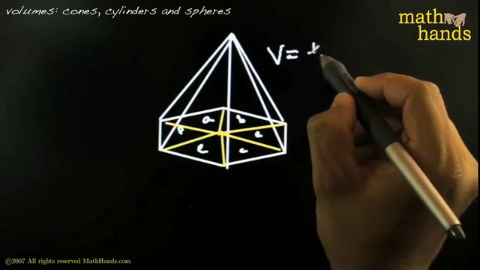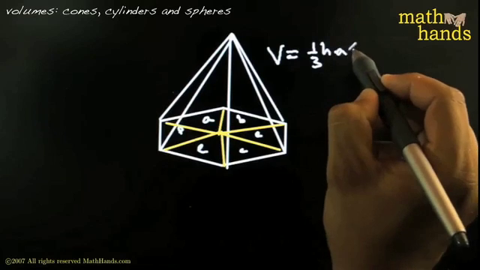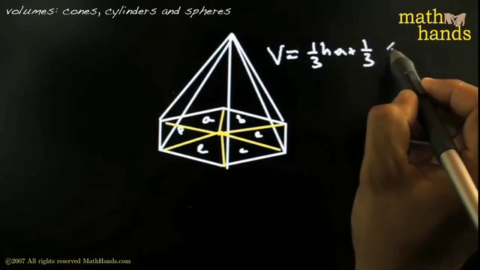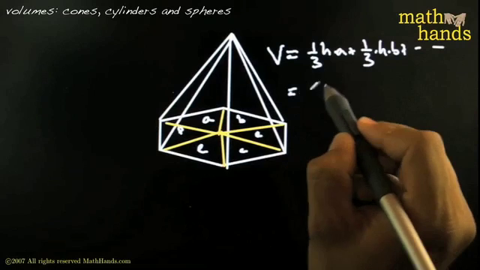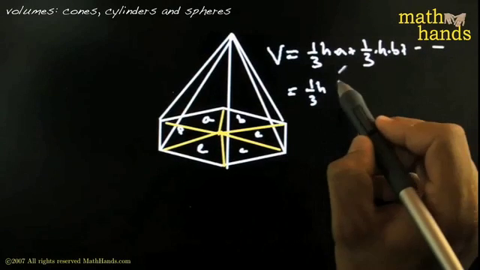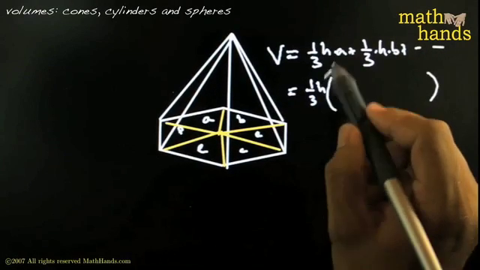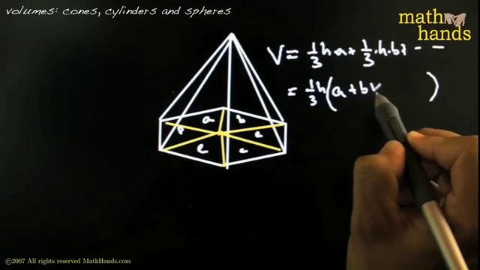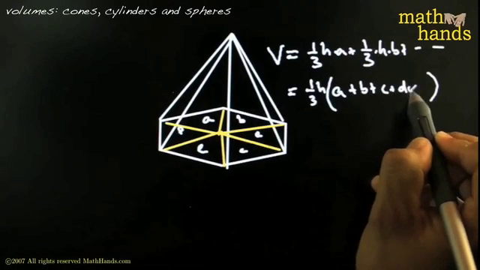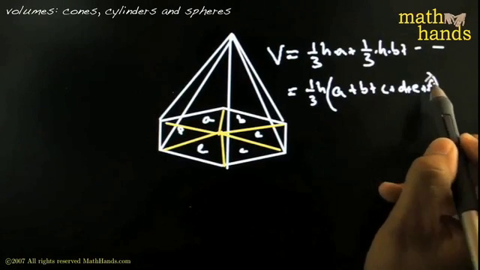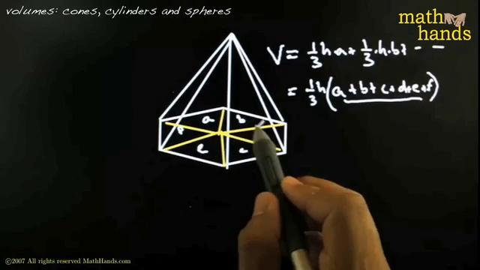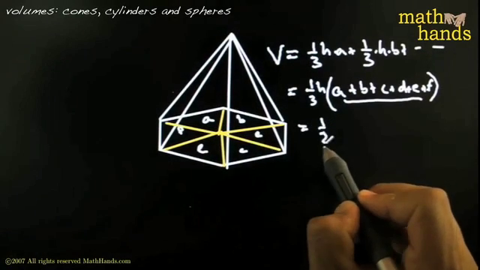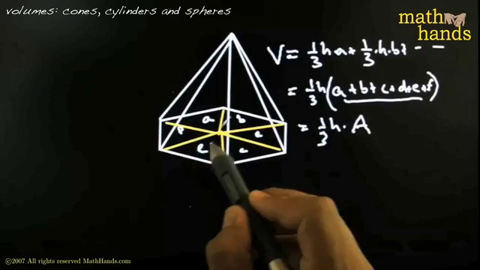So it's 1/3 times the height times A plus 1/3 times the height times B, all the way to whatever. I don't want to bore you. And then you take out the 1/3 times the H, and that leaves A plus B plus C plus D plus E plus F. And what is it that you get when you add up all these areas on the bottom, A plus B plus C? You get the area of the entire bottom, if you were to call that A.